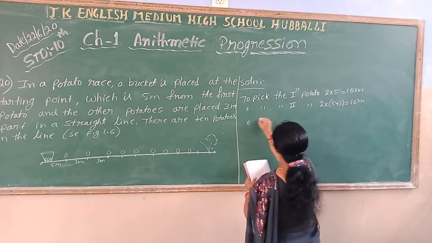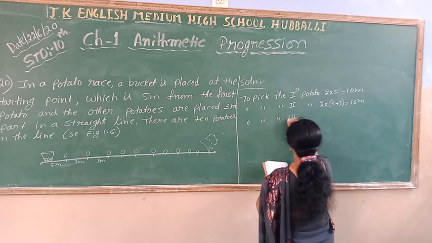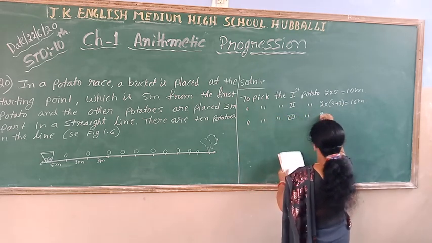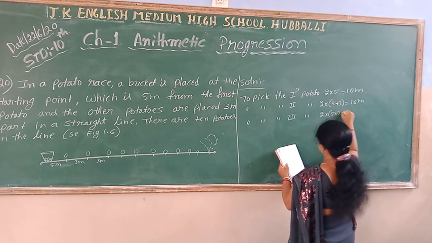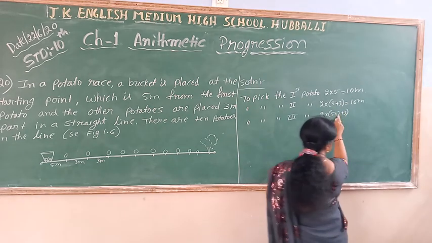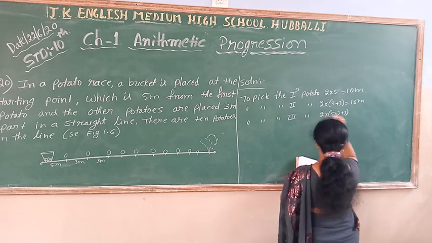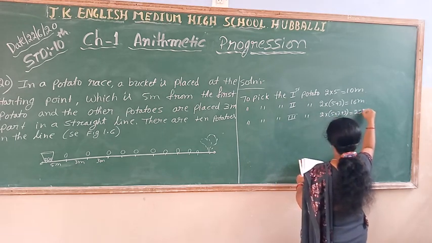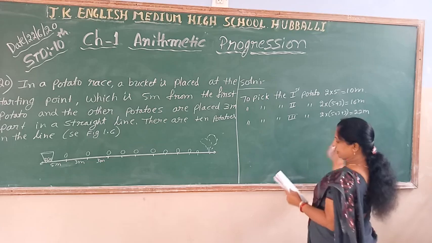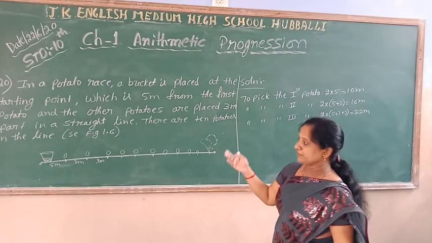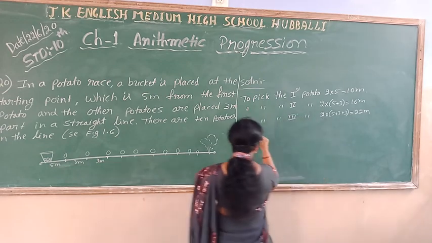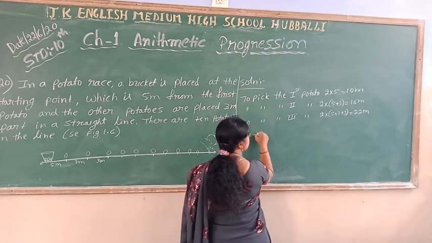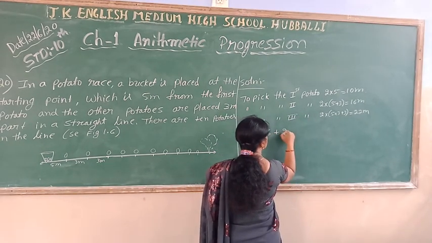To pick the third potato, that is 2 into 5 plus 3 plus 3, that is 3 plus 3, 6 plus 5 is 11, 11 into 2, 22. In this manner we will get an arithmetic progression. We can find out how many potatoes there are: 10 potatoes. So I can write the arithmetic progression 10 plus 16 plus 22.